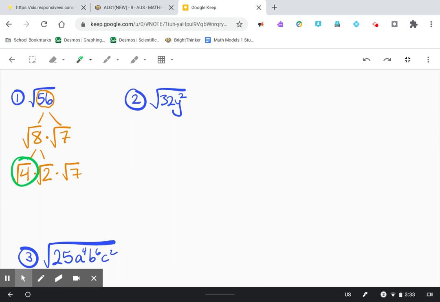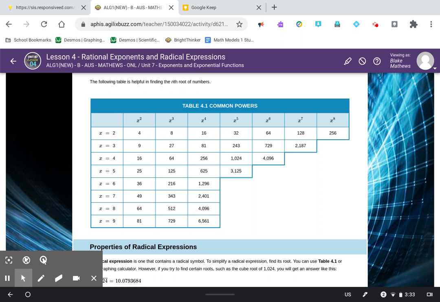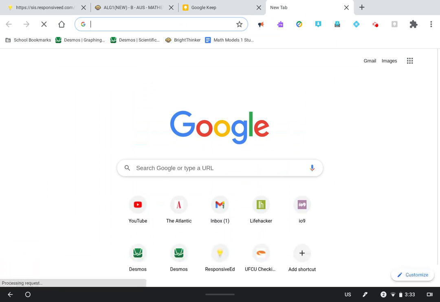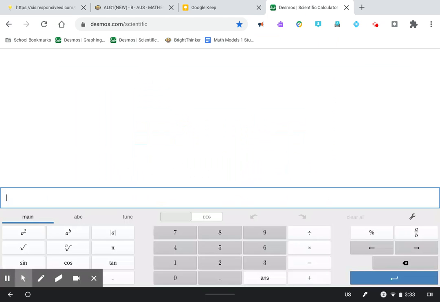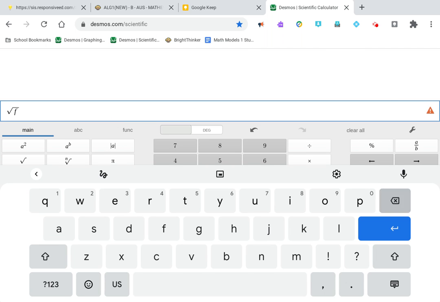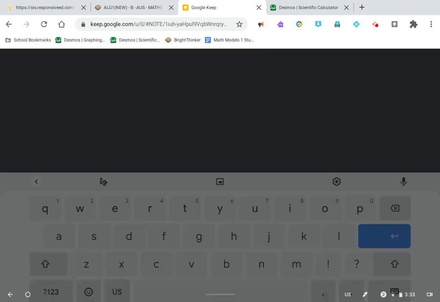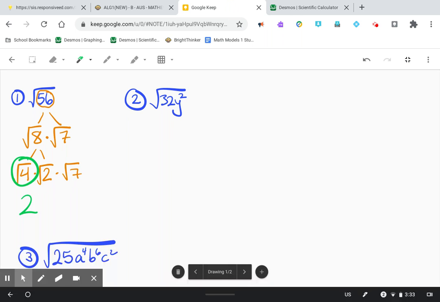And so this can be transformed into a 2. And then the other numbers do not simplify to make square roots. The easiest way to check this is just to come over here and say, okay, well, is the square root of 7 a perfect root? Square root of 7? No, it's not. It's 2.64. So I need to know when I'm looking at a perfect square root.